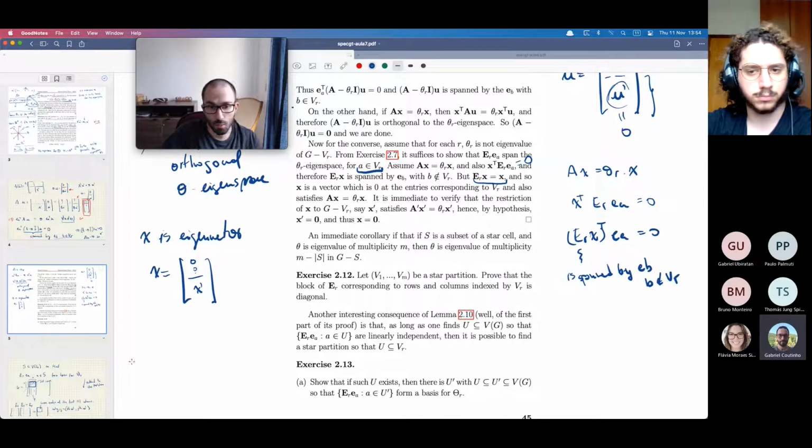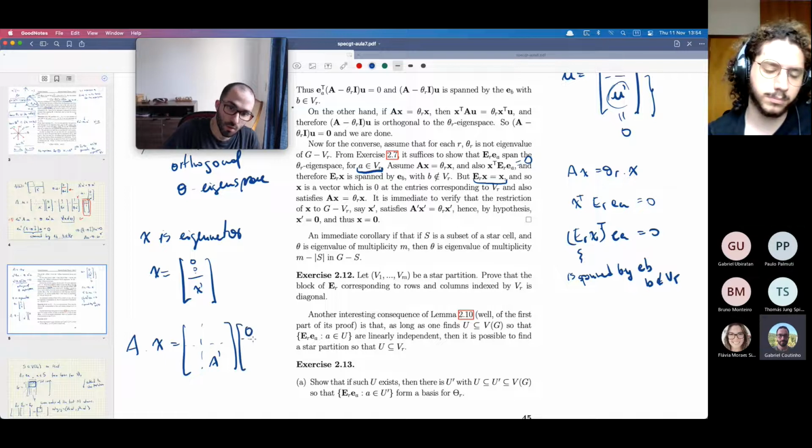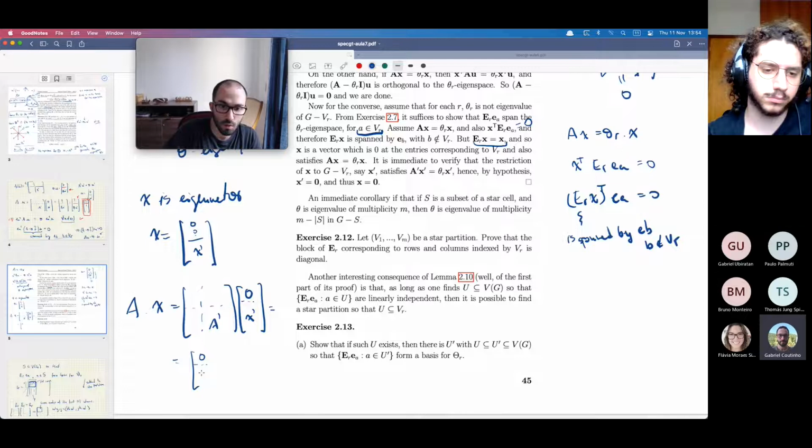So then again, I look at my original matrix A applied at X. It's the same thing as this with A prime, applied at zeros with X prime here, and the result is some zeros, A prime, X prime, right? And then I know that I'm also assuming that this is an eigenvector, so this is also theta r times a bunch of zeros, X prime.